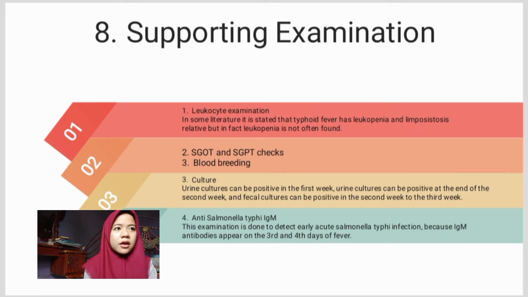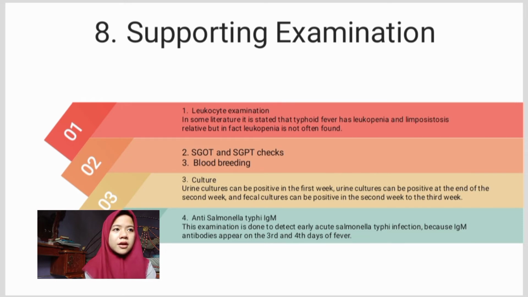Number 1, leukocyte examination. In some literature, it is thought that typhoid fever has leukopenia and relative lymphocytosis, but in fact leukopenia is not often found. Number 2, SGOT and SGPT check.